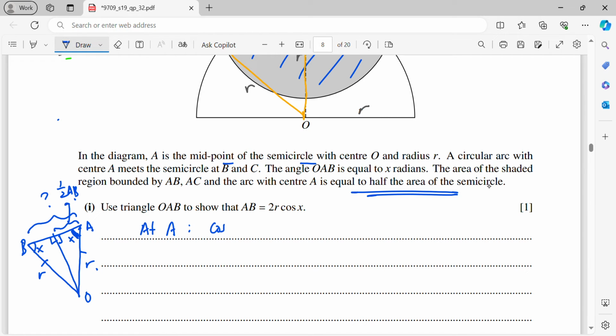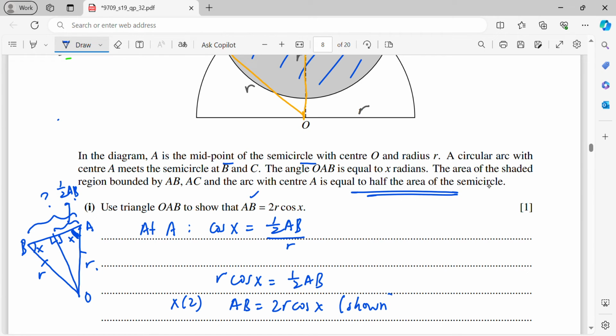So I will say cos x is half AB over r. Then the r moves up, then you get r cos x is half AB. And now we need to show AB. Therefore, just times the whole equation by 2, which means AB is 2r cos x. So we have done this part.